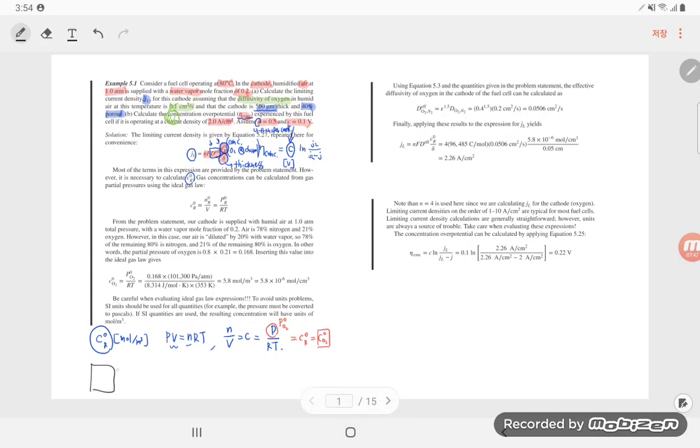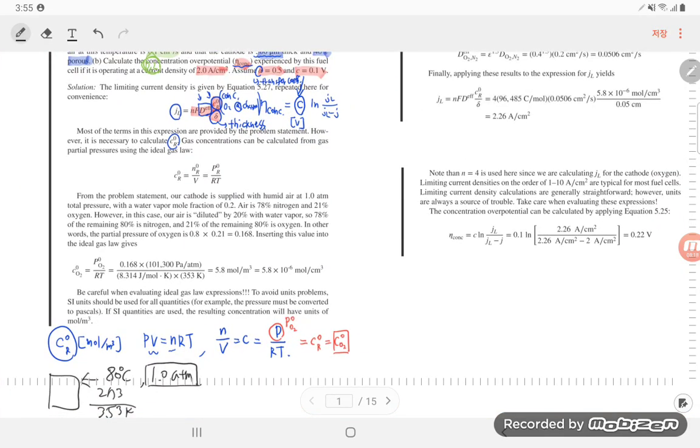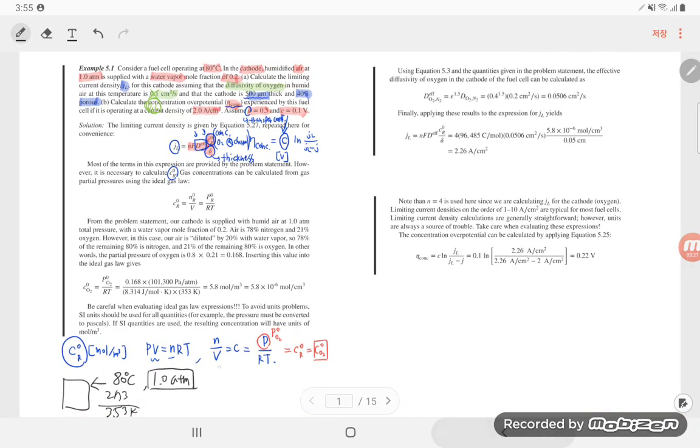There is a fuel cell, and in the cathode side, the temperature of the injected gas is 80 degrees Celsius. So if you add 273, then we get 353 Kelvin, right? And for the pressure, overall pressure is 1 atm. And what is the mole fraction of the oxygen gas?